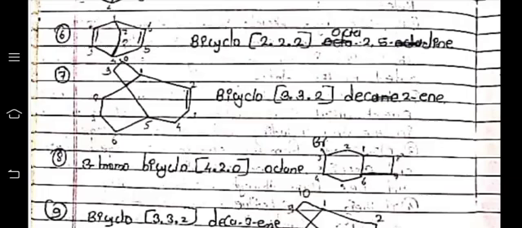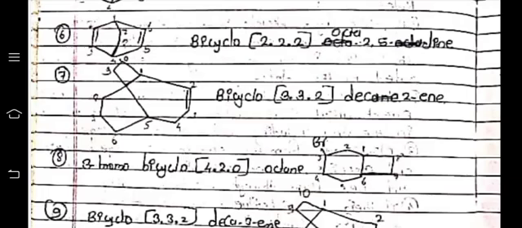Next is example number 7. In that, bicyclo is the main. Look at example number 7. 1 and 5 are the bridge carbon atoms.